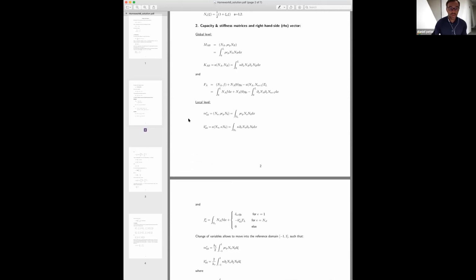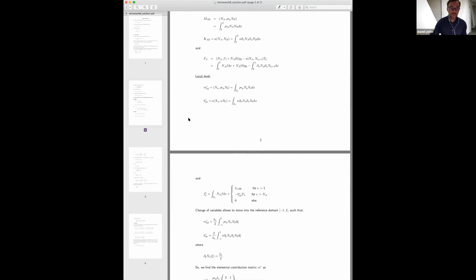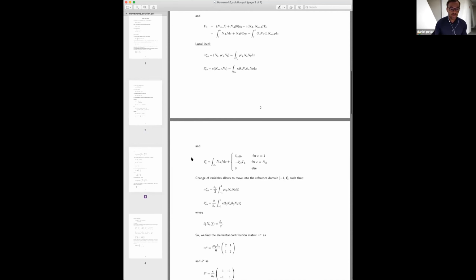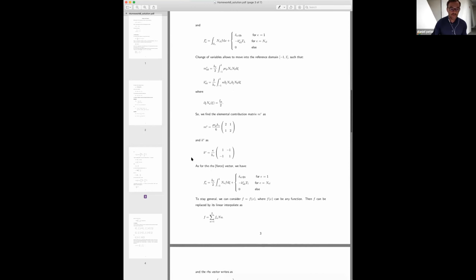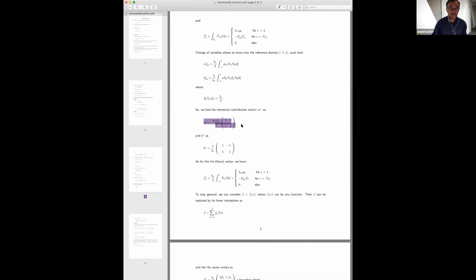And then on the local level, what are the local contributions on each node or for each element in principle? And you have them here written out, these expressions like this one for the capacity or mass matrix, the local contribution for the stiffness matrix here, and the local contribution for the right-hand side vector, the force vector, are written down here.